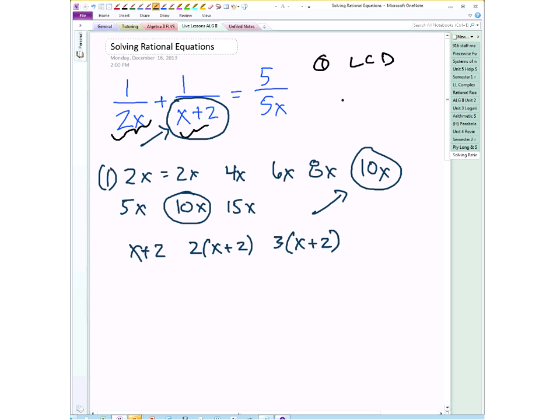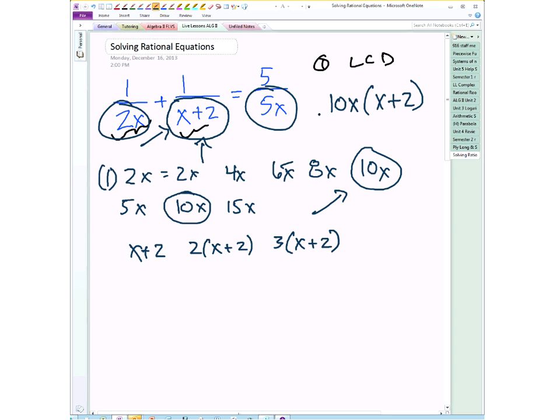So in these types of problems, we're really looking at finding the common multiple between the 2x and the 5x. And whenever you have a binomial down there, you're always going to have to multiply by that binomial. So my LCD here for step 1 is going to be 10x, and a lot of you had this correct, times x plus 2.